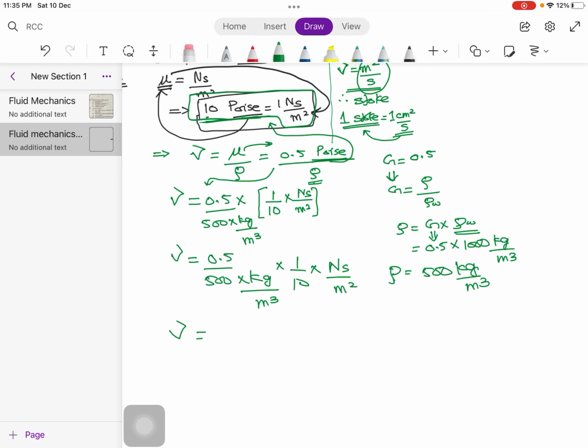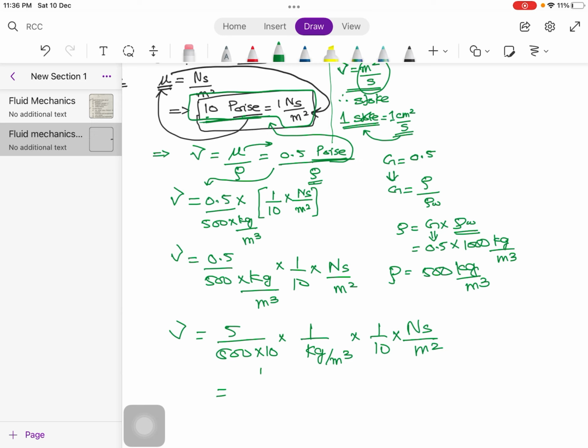Now we need to simplify and rearrange these numbers a bit. So 5 upon 500 times 10, kg upon meter cube, times 1 by 10 times Newton second upon meter square.